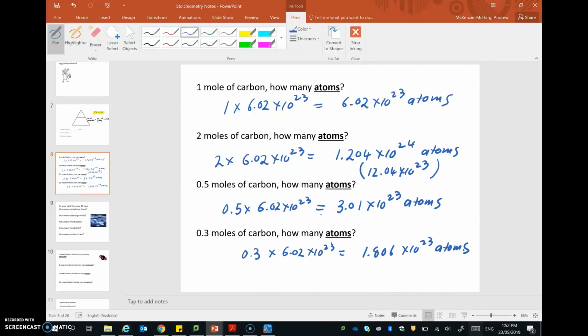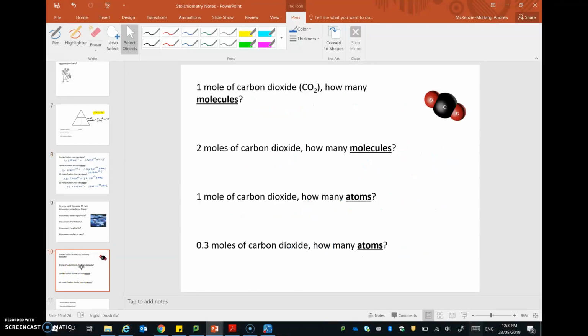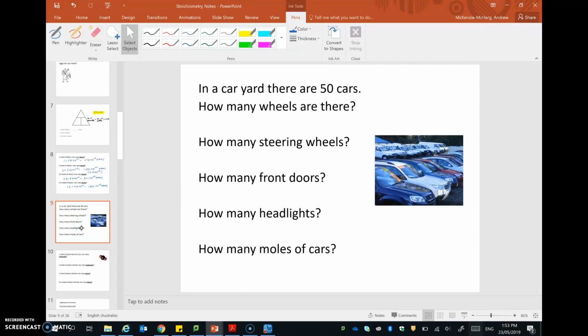Okay, now in this case we're just looking purely at the number of atoms of a substance. Things can get a little confusing when we start to look at molecules and how many atoms within a different compound, number of moles of a compound. So I'm going to use this analogy back here, which I'm sure you'll be able to handle quite comfortably. We're in a car yard with 50 cars.